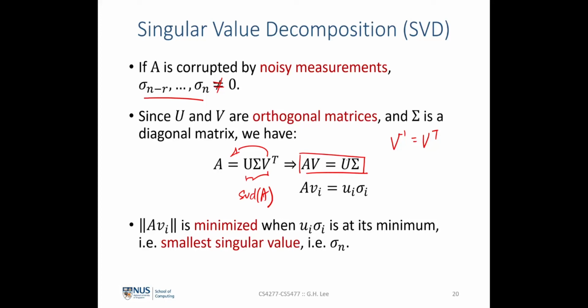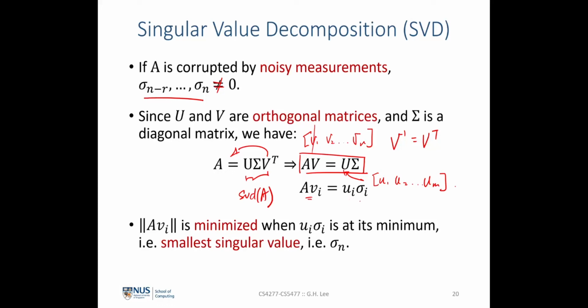Since V consists of V1, V2, all the way to Vn, and U consists of U1, U2, all the way to Um, we can rewrite this relation as A Vi equals Ui sigma i.